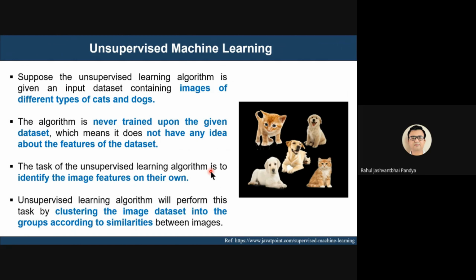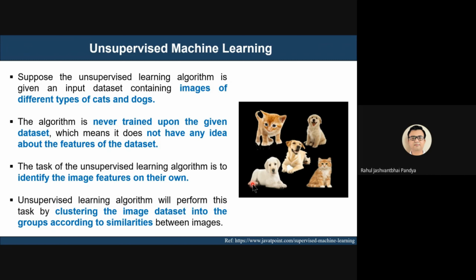That's the basic idea. Generally, an unsupervised machine learning algorithm will perform this task by applying clustering algorithms, trying to cluster the images into different groups according to similarity. Let's say a dog will have a larger dimension than a cat, so it will try to segregate all larger dimension images into a group, which belongs to the dogs.